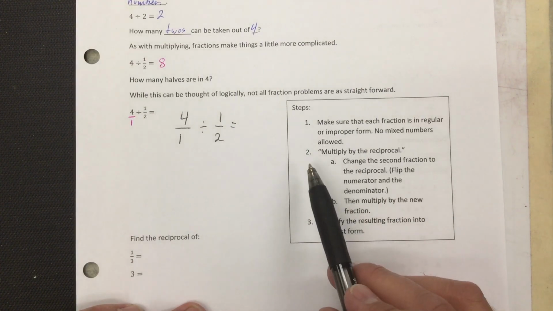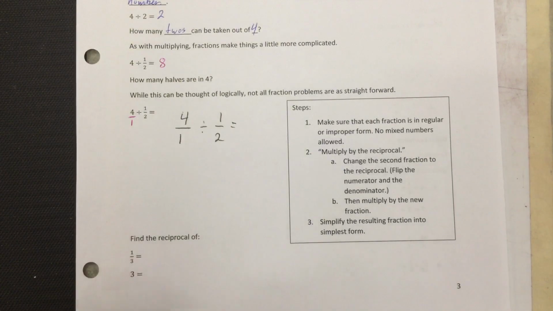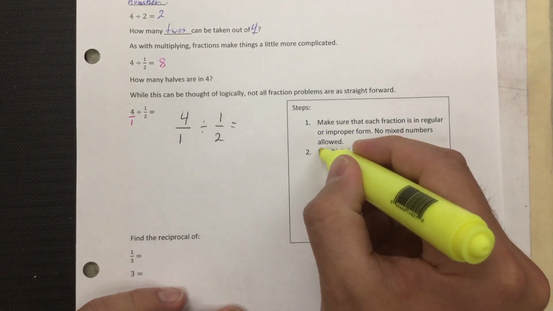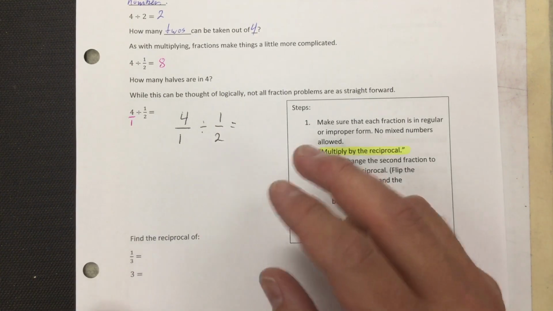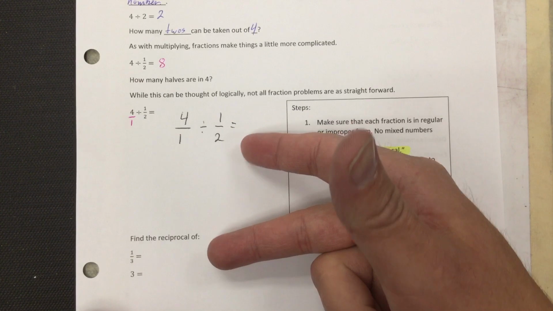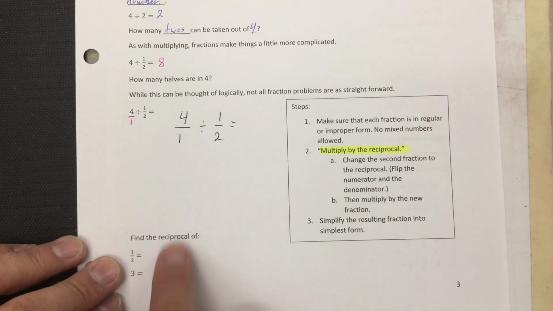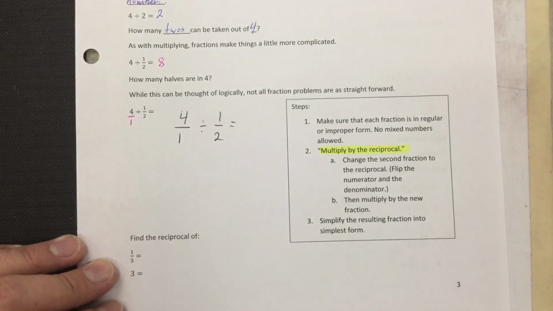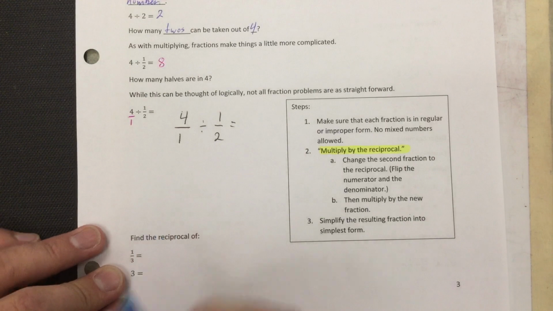Now, the process that we use is often called multiply by the reciprocal. The reciprocal is just a fraction flipped around. So something like 1/3, what we're going to do is flip the top and the bottom around.